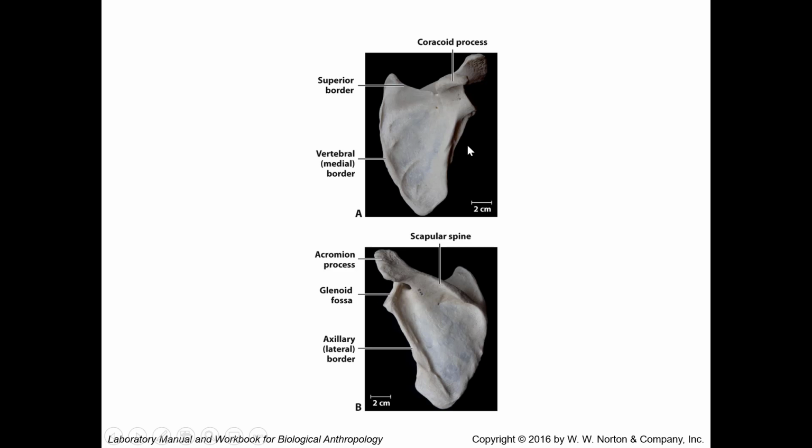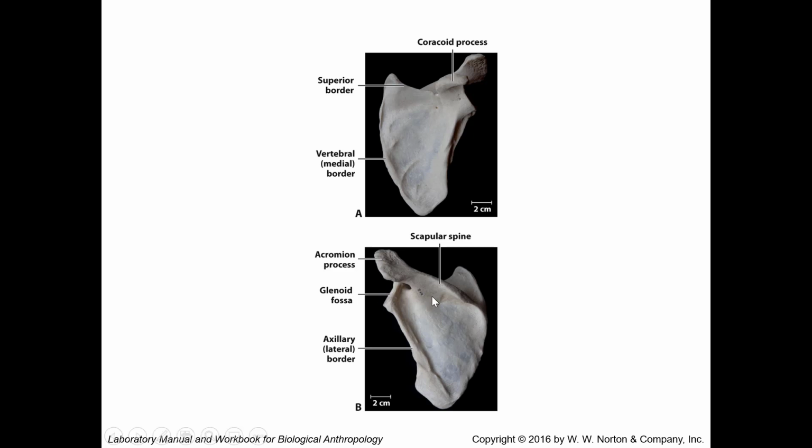The axillary border runs along the lateral edge near the armpit, right? So superior on top, vertebral on the medial, and then axillary along the armpit. So if we're saying this is the top, this is the side facing the vertebra, and this is the axillary side facing the armpit, this would be a right scapula, right?